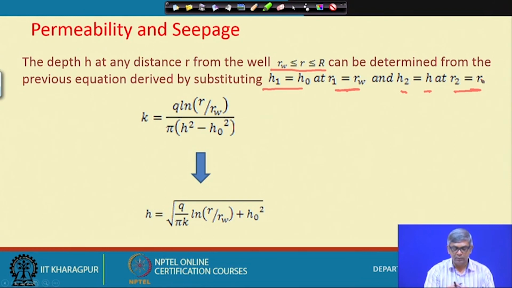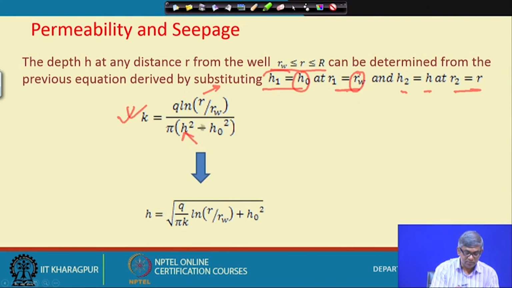Here, what we are doing is at a distance R. R 1 I can substitute by R W, H 1 can be substituted by H naught, and H 2 will be H at R 2 equal to R. If I put this, then the equation will be modified to this form, that means at a radial distance R, what is the height H. If you fix this distance at about 10 or 100 meter, the value of the height has to be determined.